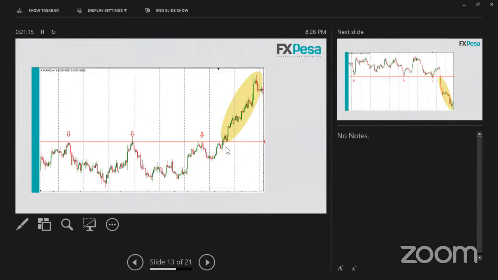So we see in this chart, this is a resistance zone. And we say that a resistance is an area or a zone on a chart where price has risen too severely but has struggled to break above. So what happens when it breaks above the resistance? It shows there is accumulation. It shows that there are buyers, there is strong buying power at this stage.